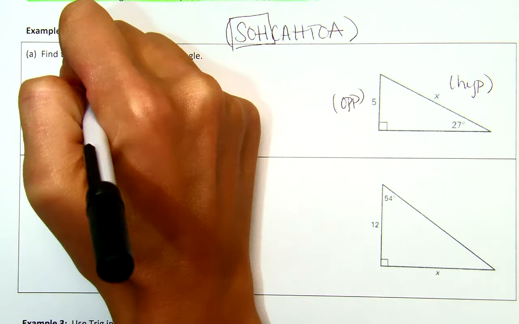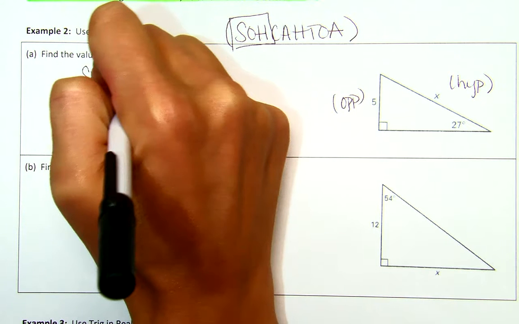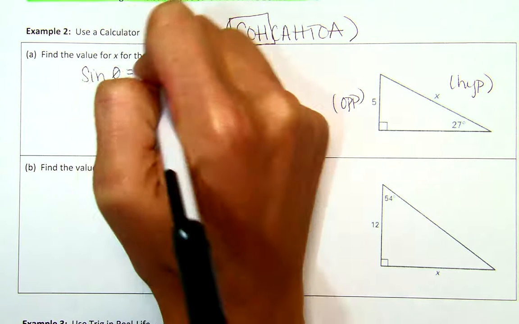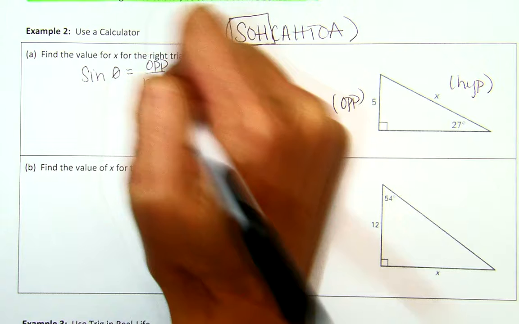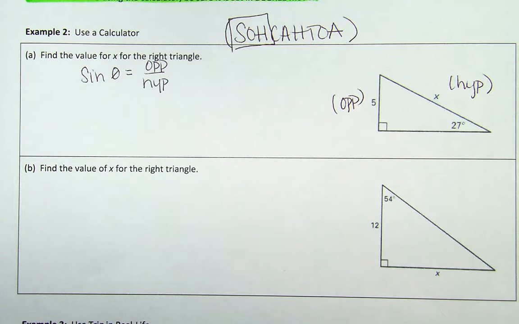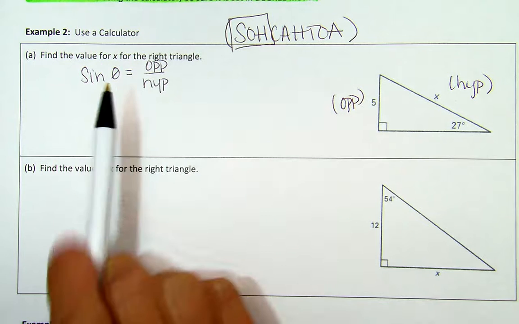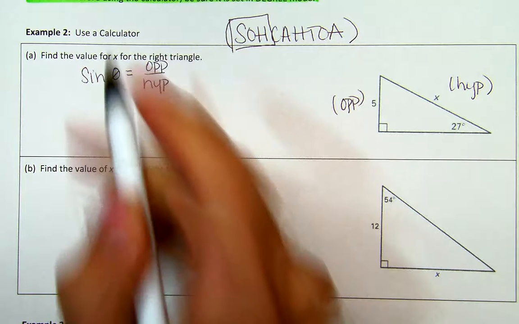So going back to what my sine value represents, sine of theta is equal to my opposite side over my hypotenuse. So if I fill in the pieces of information I know, my theta is my 27 degrees.